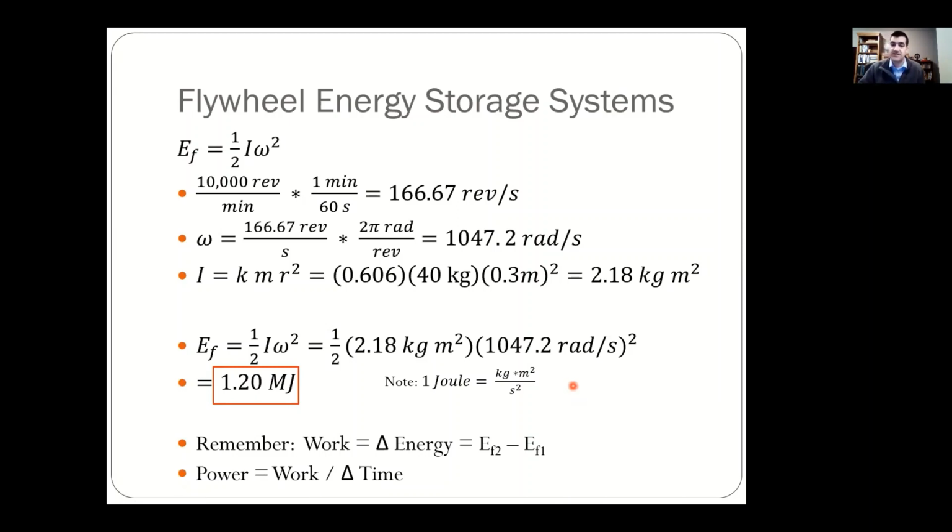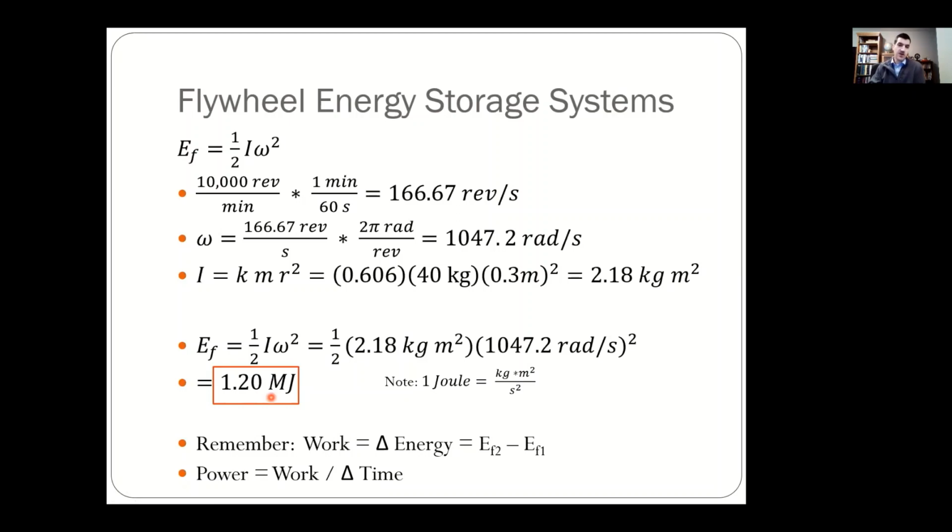And a joule is a kilogram times a meter squared divided by a second squared. So if you do this calculation, remember you have to square this number, and then take it times this, and then take it times this. And you'll get about 1.2 million joules, or 1.2 megajoules.